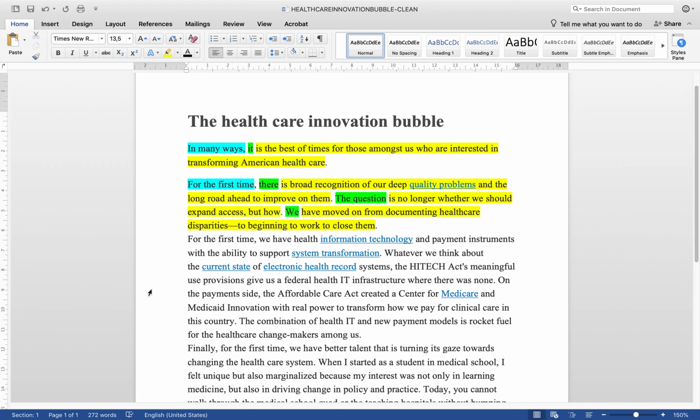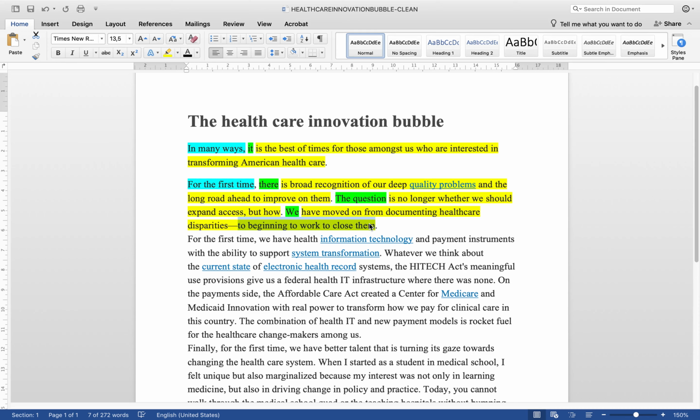So while it was always the question in America, apparently, whether or not people should actually get access to the healthcare system, now the question is not whether they should get access, but how all of these people that are supposed to get access, how they are going to get it. So rather than always writing scientific articles about inequality, disparities in healthcare, now we're beginning to work with those disparities and trying to make them disappear.